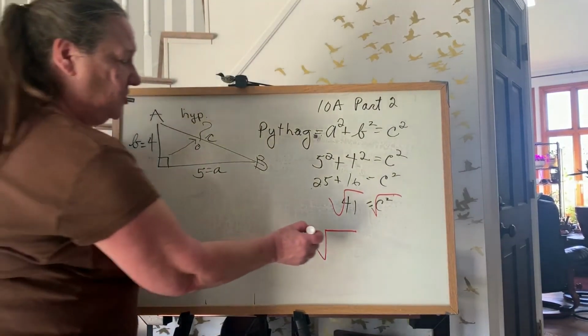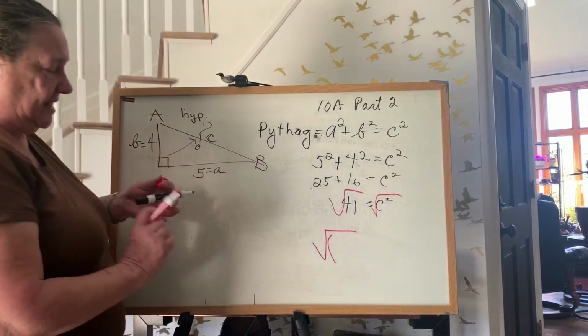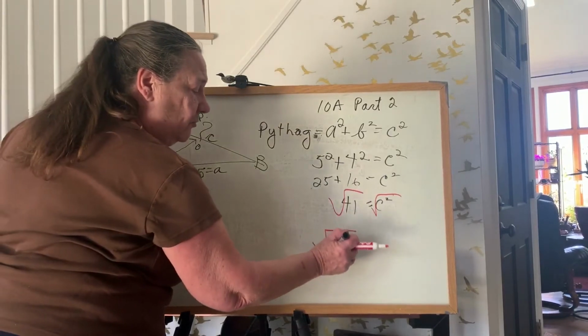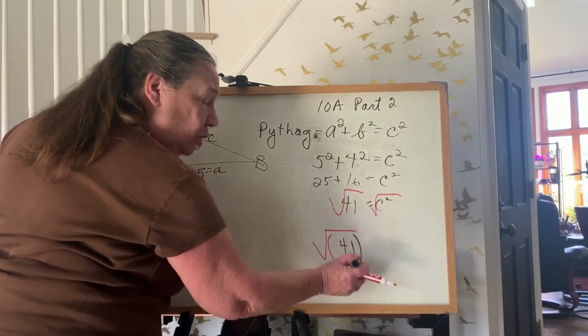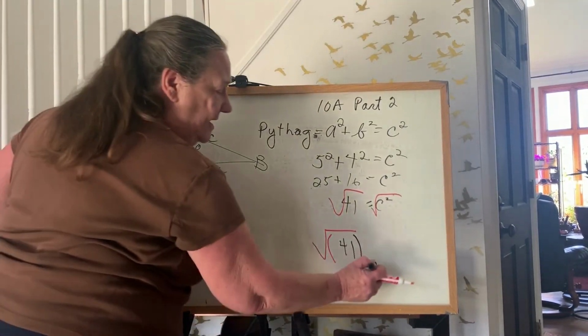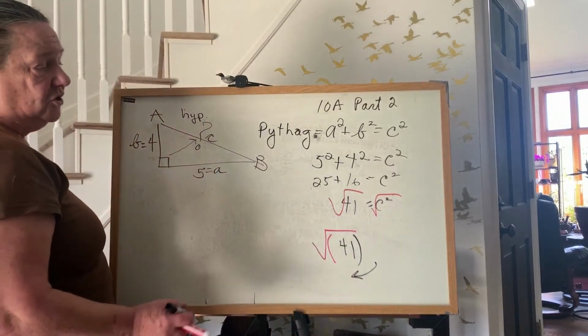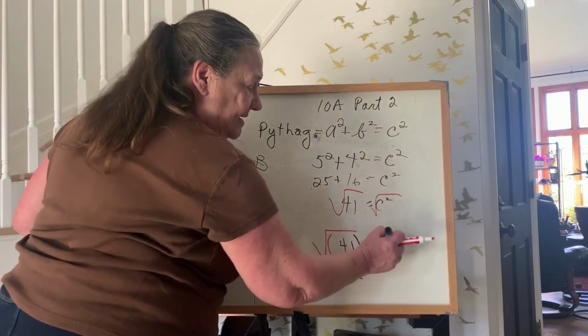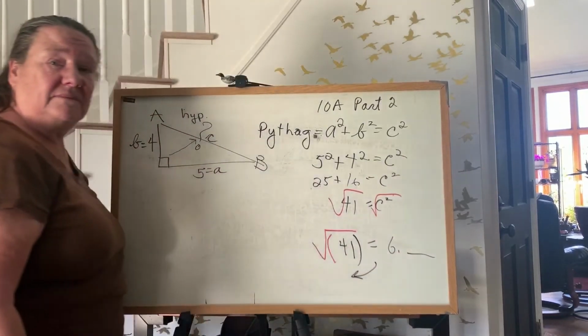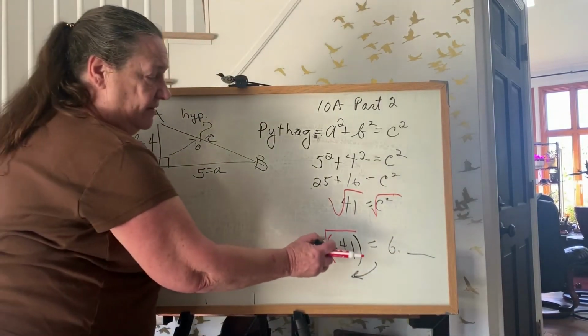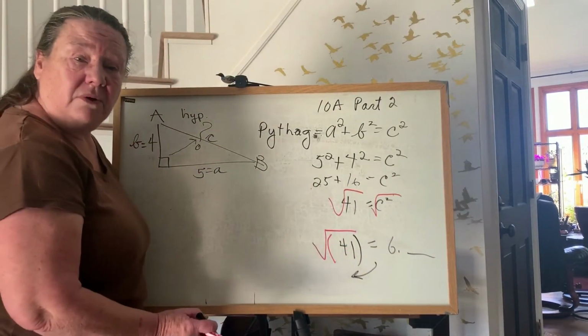It will prompt you, I think, with a parenthesis. And you drop in your 41 and close the parenthesis and hit enter, and you're going to get 6 point something, okay? The square root of 41, that's a nice number, I like it.